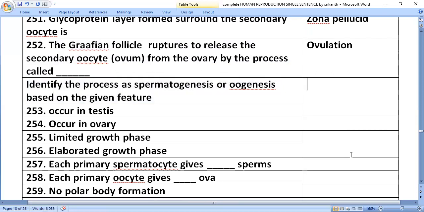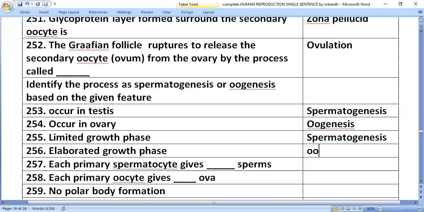Identify the process as spermatogenesis or oogenesis based on the given feature. It occurs in the testes: spermatogenesis. Occurs in the ovary: oogenesis. Limited growth phase: spermatogenesis.